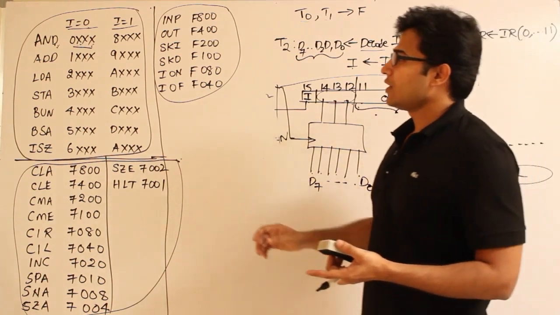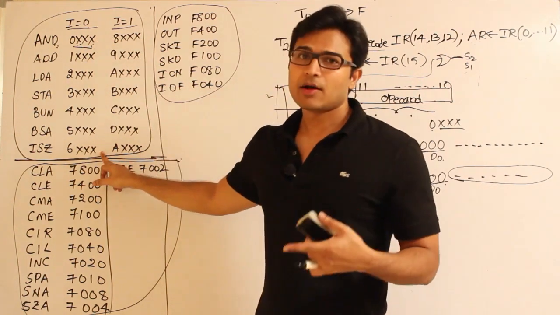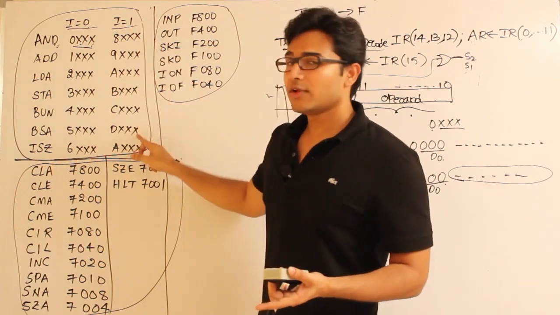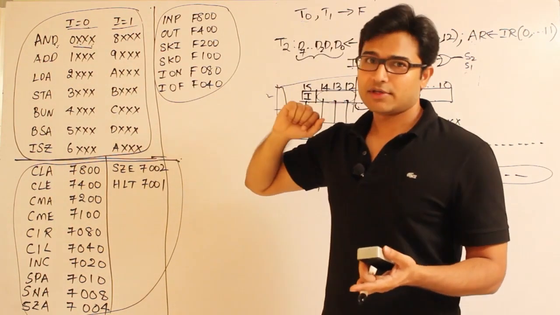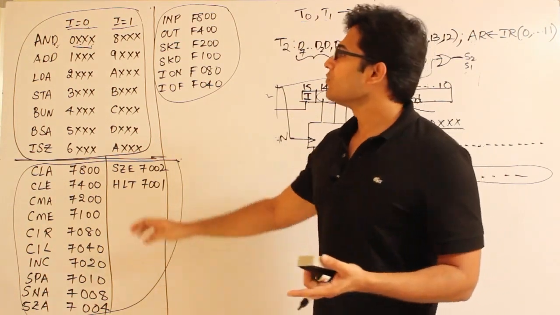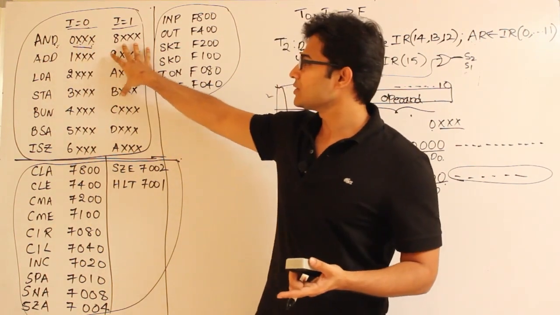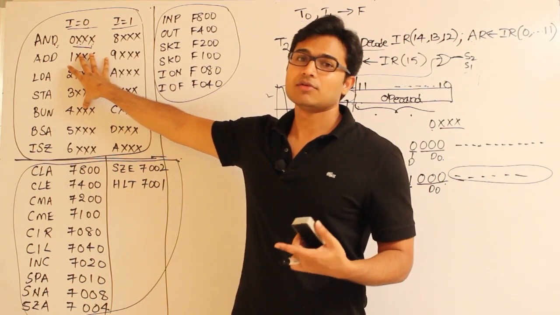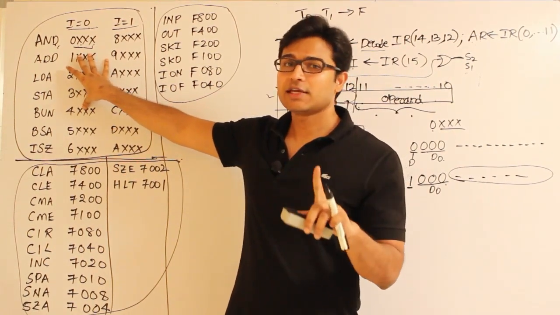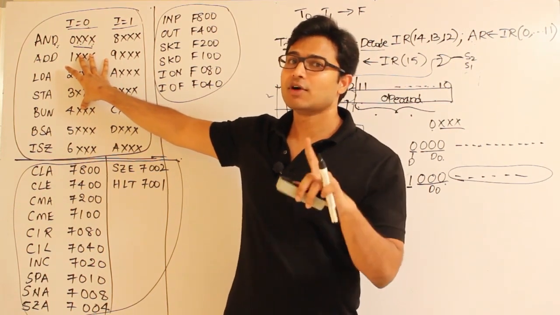So whenever I equal to 0, you can directly go and fetch the operand from the memory. Whenever I equal to 1, you have to go and fetch the address of the operand first, and then operand has to be fetched. Therefore compared to these instructions, the ones with I equal to 0 will execute faster, or at least 1 clock cycle faster, assuming that the memory read will take 1 clock.